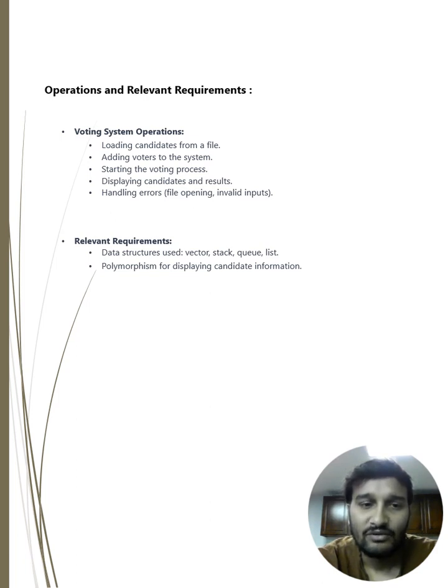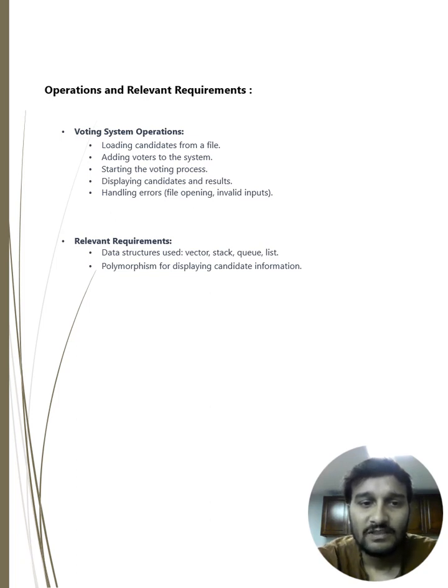We have used error handling. The program should handle errors gracefully, such as file opening issues or invalid candidate indices during voting. We have used a binary search tree to sort candidates by their names for displaying the names of the candidates.